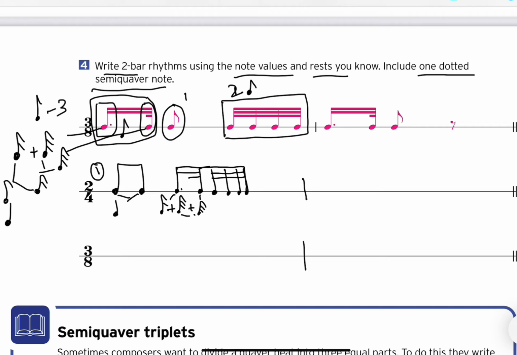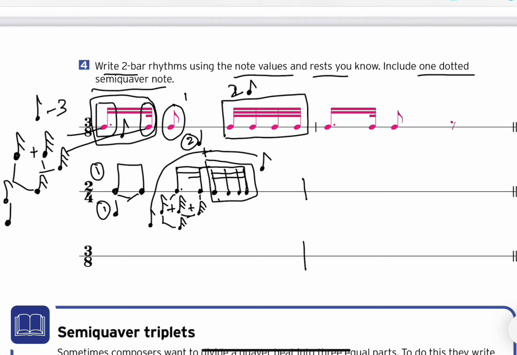So these two make one semiquaver, and semiquaver makes one quaver. Okay, here we complete one note, and these four demi-semiquavers beamed together are equal to one quaver beat. So here we have one quaver beat, and here we have one, so if we add, it becomes one crotchet beat. So we got first crotchet beat and second crotchet beat.